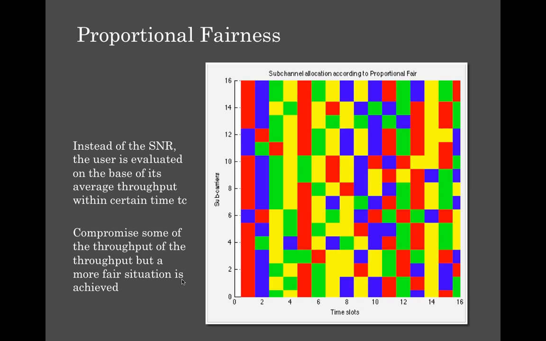If at the moment the throughput is higher than the average throughput in the past TC, it will allocate the resource to the user. You can see from the graph that it has a more evenly distributed resource allocation. Of course, it will compromise some of the throughput of the whole system, but more fairness is achieved.